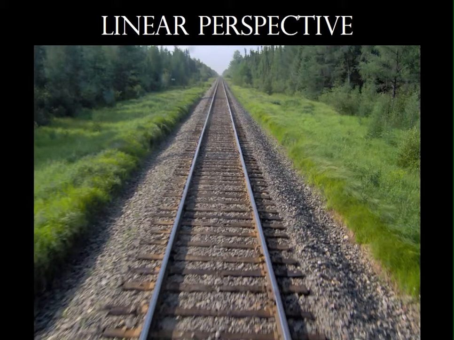If we're riding on this train, if we're the engineer going at 100 miles an hour, and this is an image taken up in the Alaskan wilderness, what do you do? Do you trust your eyesight that the tracks are coming together and you need to pull the emergency brake? Or do you trust your brain, which is telling you this is an optical illusion and these tracks are truly parallel?